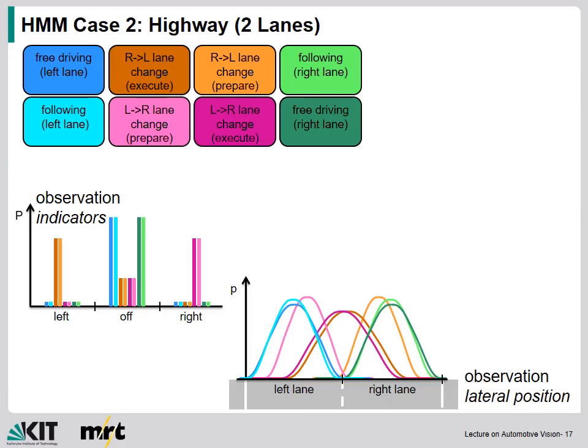This can be modeled with a Gaussian that is centered around the middle line of the road, centered about the boundary at which the two lanes touch each other.